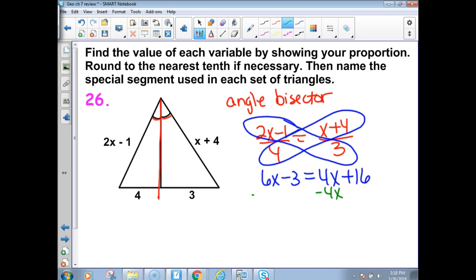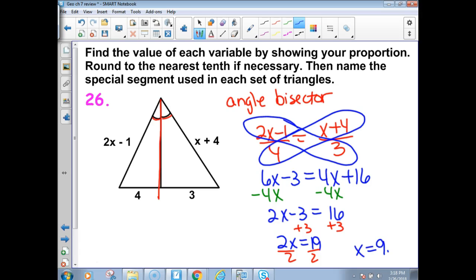Subtract 4x from both sides. 2 times x minus 3 is 16. Add 3. 2 times x is 19. Divide by 2 and we get x is 9.5. Yeah, 9.5.